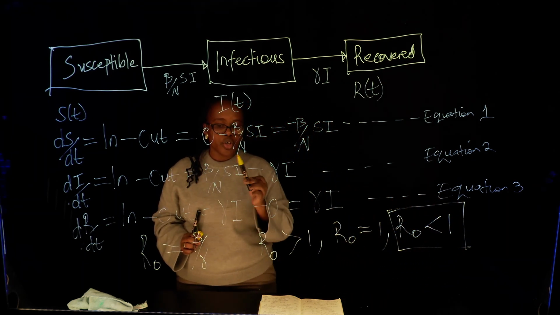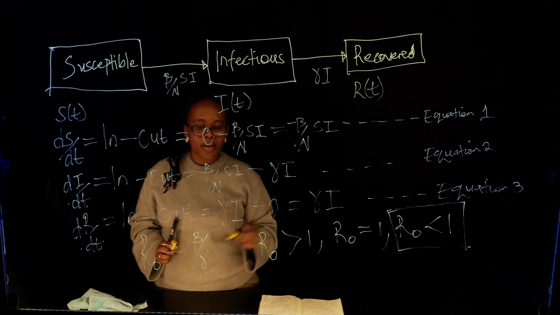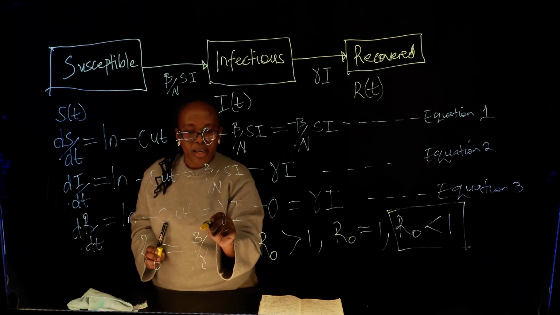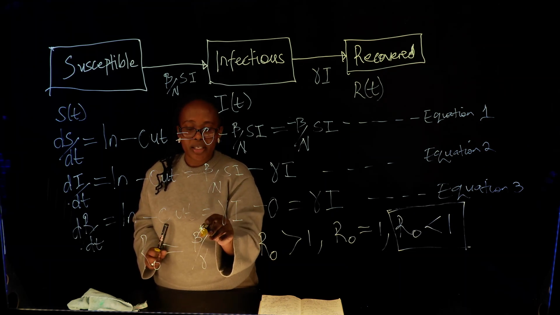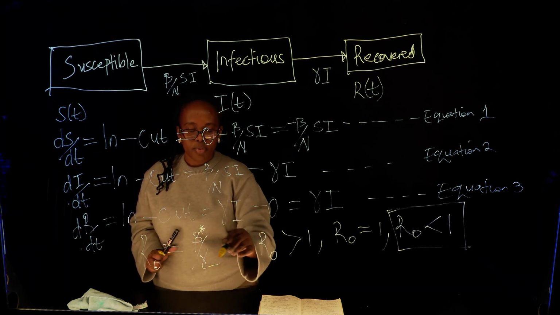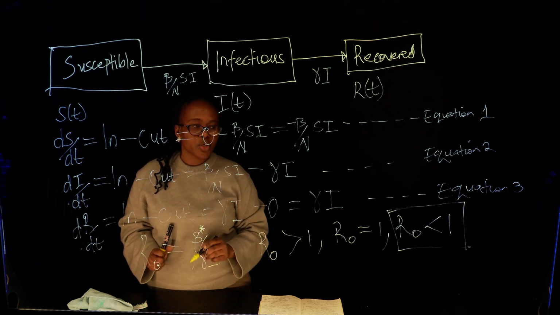The aim is to ensure that we have an R0 less than 1. How do they achieve this? They make sure that the interventions reduce beta and increase gamma, which is the rate of recovery, while reducing the rate of infection.